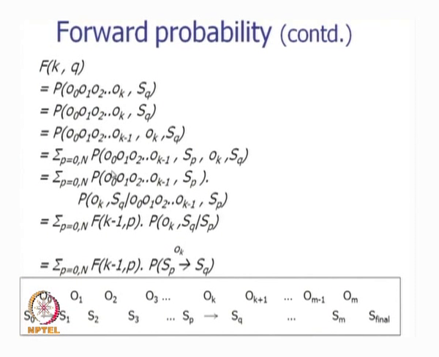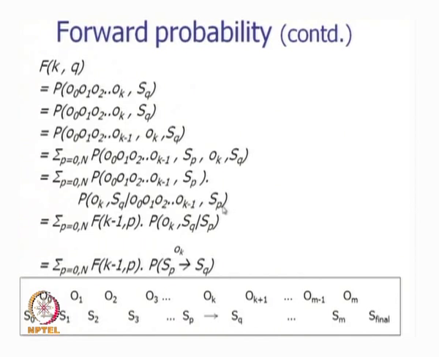So, we isolate this part, the probability of O 0 to O k minus 1 with S p. This is then multiplied by the probability of O k S q given O 0 to O k minus 1 and S p.